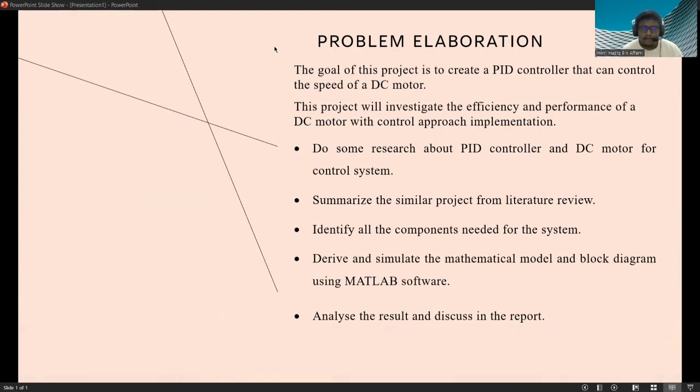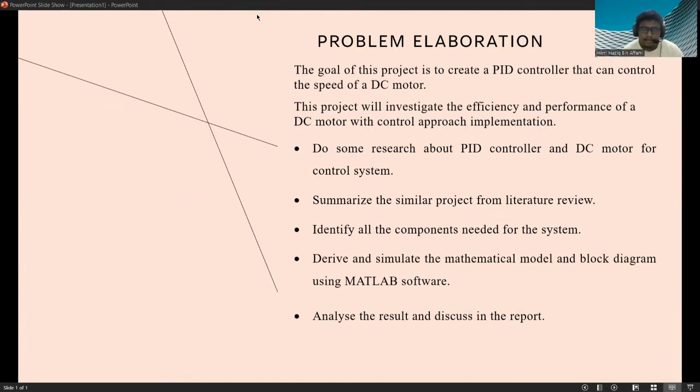So for today, I would like to explain about our project problem elaboration. As we know, our project title is PID controller for speed control system. The goal of the project is to create a PID controller that can control the speed of the DC motor.